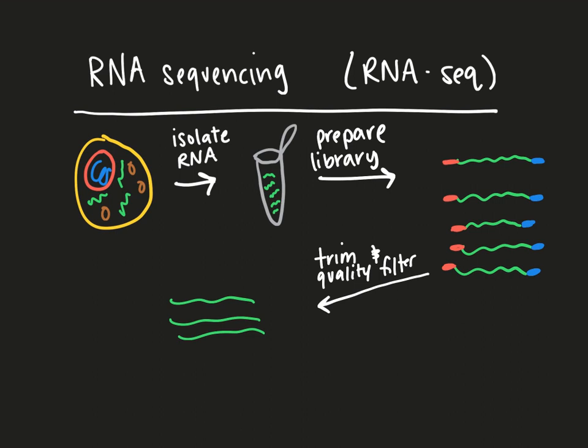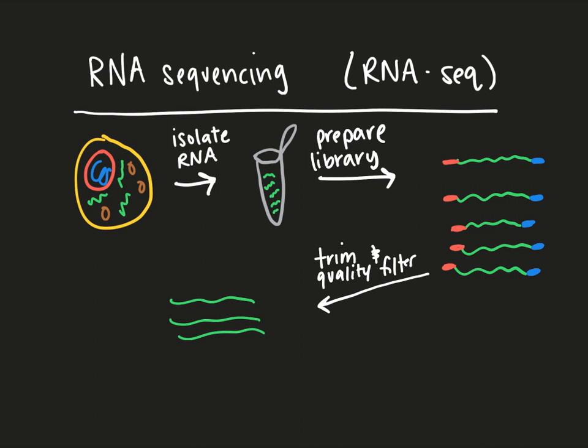The next thing you want to do with reads that you get back from a sequencing machine is trim them. That is, maybe get rid of those adapters or any other sequences that you stuck on them that should not map to your reference genome or your reference transcriptome or whatever it is that you're using. Get rid of those and also do a quality filter. So we talked about how sequencing machines don't produce 100% confident sequence data.